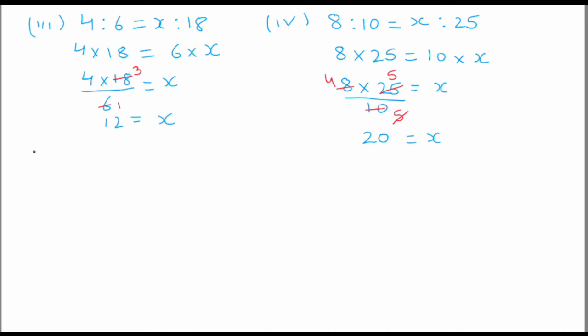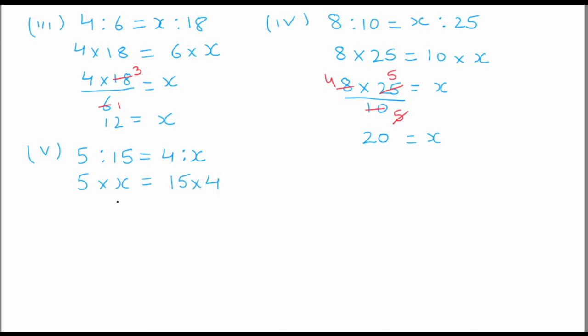Coming to the fifth, our question is 5 is to 15 equals 4 is to x. Now your extremes are 5 and x, whereas the means are 15 and 4.